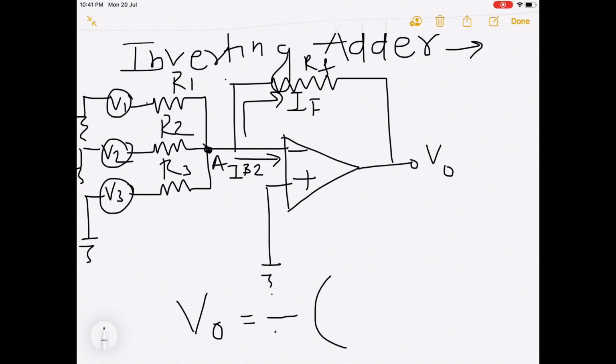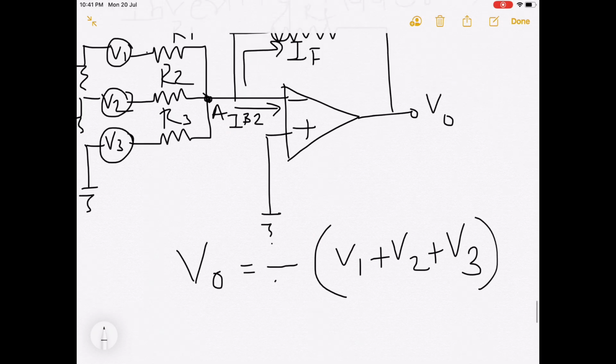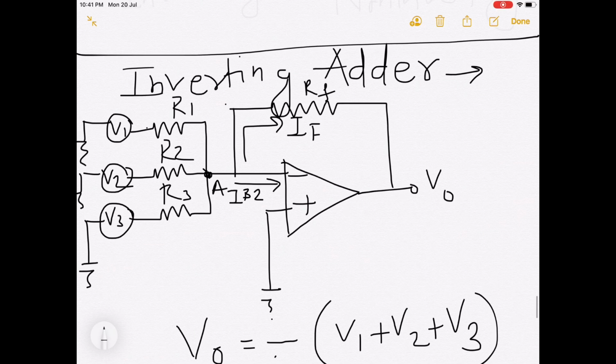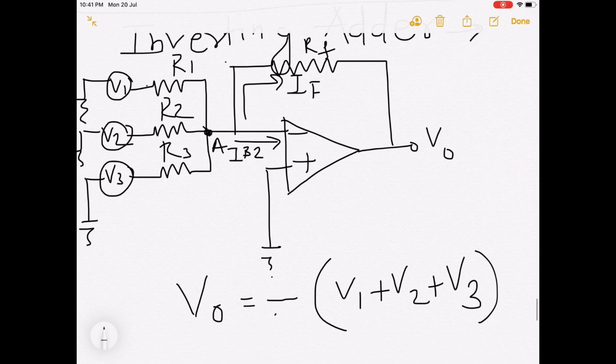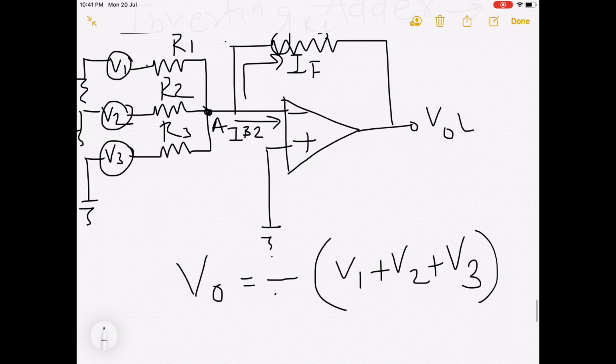So, minus sign will be for that, and then addition of V1 plus V2 plus V3. So, this is the output, and we have to derive this, we have to do analysis of how this will come in the output side.